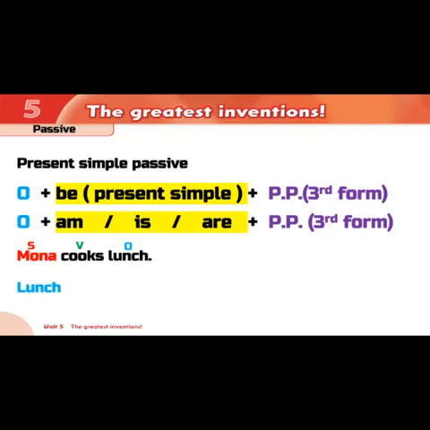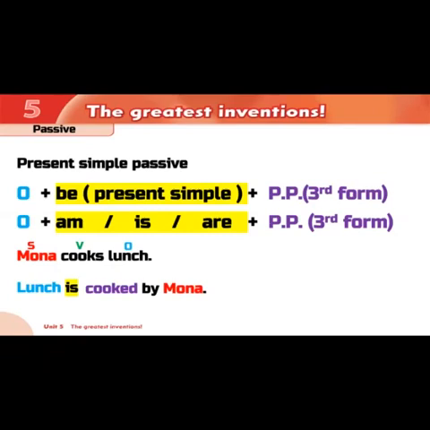Then verb to be in the present, am, is, or are, and we will take is, because lunch is singular. Then the past participle of cook, which is cooked, then by the subject, which is Mona. Lunch is cooked by Mona.